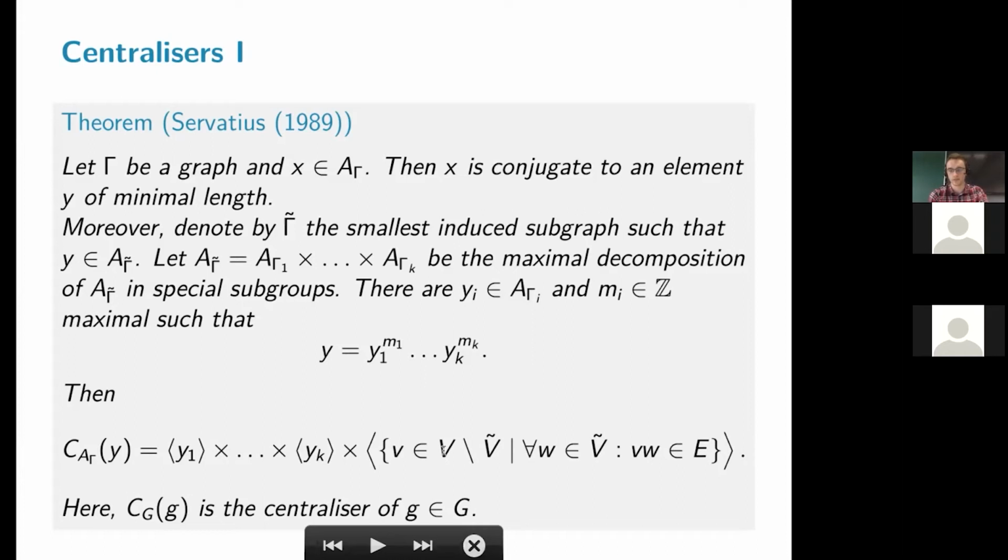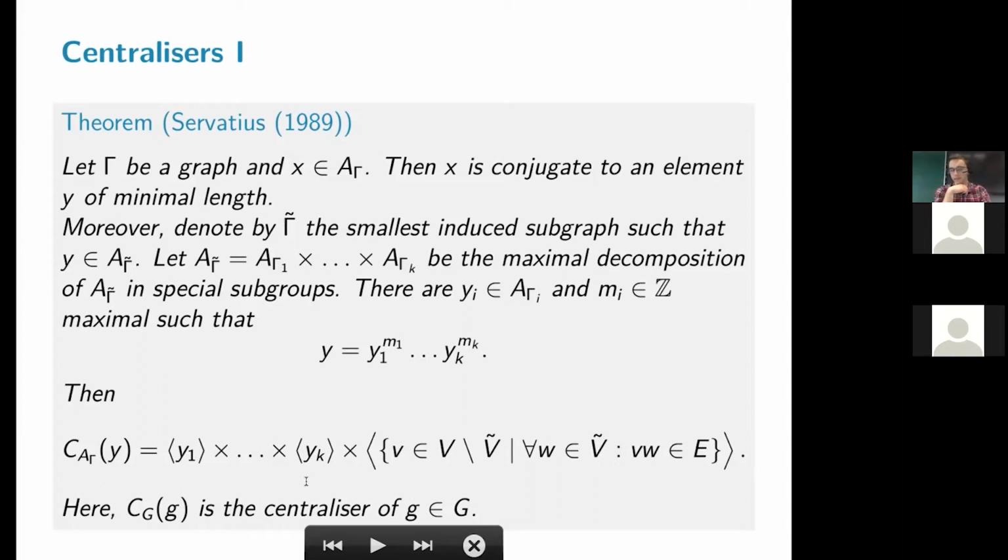So what this means is, you take every vertex V in the complement of the vertex set V tilde, such that this vertex V is connected to every vertex in V tilde. This will indeed commute with Y, because if V commutes with every vertex in V tilde, then since Y1 is a word using only these letters, V will commute with all the letters in Y1, so it will commute with Y1, and the same for Y2 up until YK.